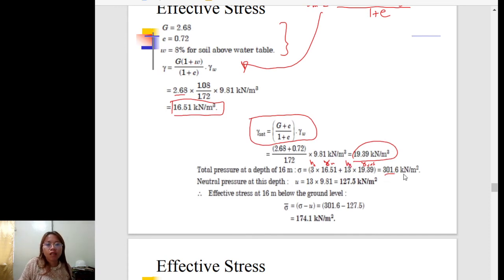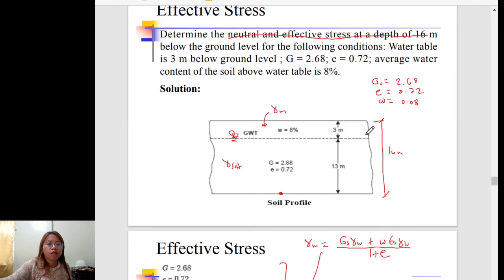This is the total pressure or stress. The neutral pressure at this depth, which is caused by water, or the pore water pressure, is equal to 13 times 9.81. Why 13? Because the groundwater table is here, so from this point to this point, since we are after the effective stress at this point.